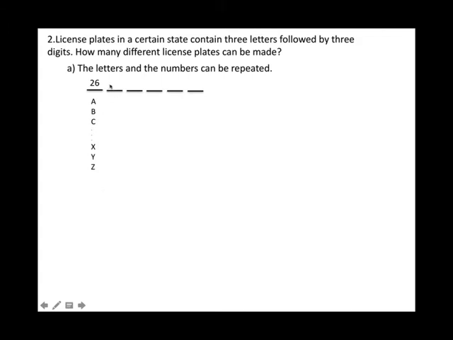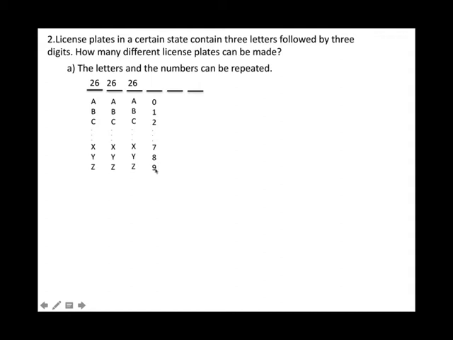Second one will be the letters again. We have the same thing, from A, B, C to X, Y, Z. We still have 26 letters. Same idea with the third one. After that, we follow it with 3 digits. How many digits can you choose? We can choose from 0, 1, 2, 3, 4, 5, 6, 7, 8, 9.